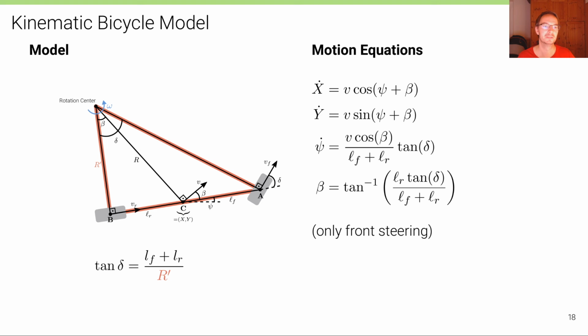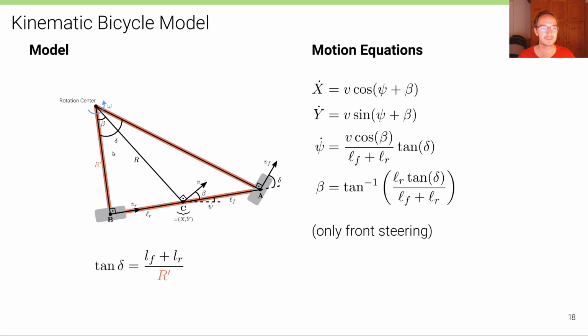So how can we do that? Well, we do this through simple trigonometry. There's nothing more needed than very simple trigonometry rules. So the first thing that we'll consider is this red triangle here. And we note that the front wheel steering angle delta not only appears here, but because this vector is orthogonal to this line, and this line is orthogonal to this line, this angle also appears here inside that triangle.